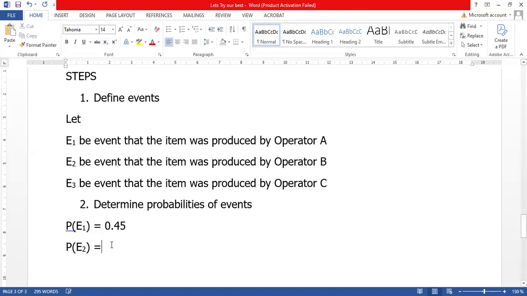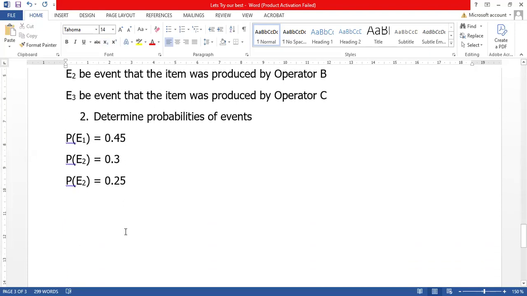Then lastly, 0.25, the remaining percentage. Those are your probabilities.